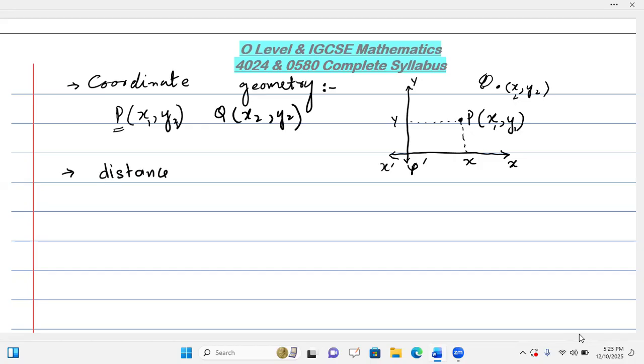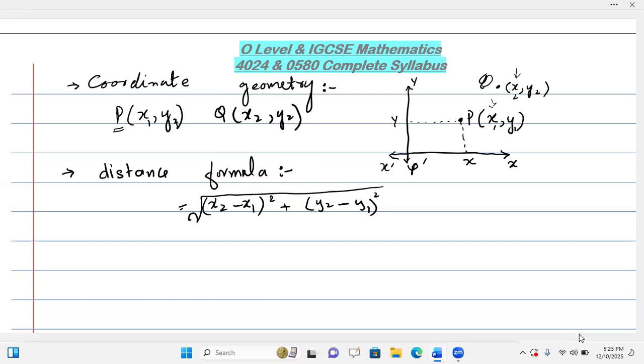We will have to take x2 minus x1 whole square plus y2 minus y1 whole square, taking the square root, which will be the distance from P to Q.